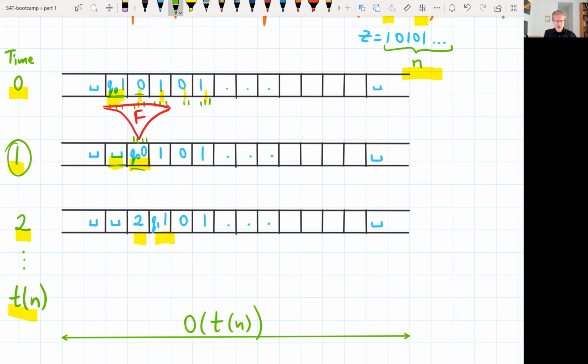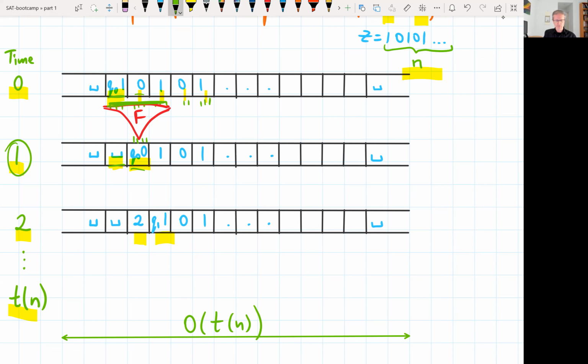And the only thing you need to know in order to build such a circuit is that every Boolean function on n variables can be computed by a Boolean circuit of size at most 2 to the n. In this case, the circuit is a multi-output circuit, but the number of outputs is not that big. And even though in general circuits can be exponentially big in terms of the input size, in our case the input is of constant size because the alphabet size and the number of states in the Turing machine are constant.